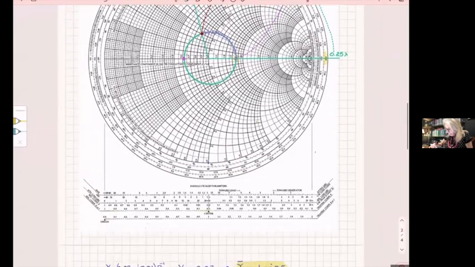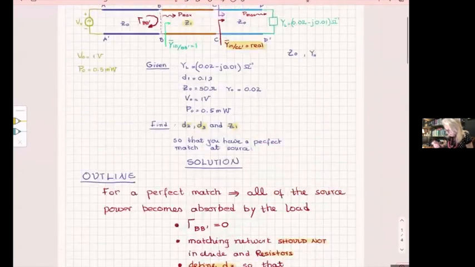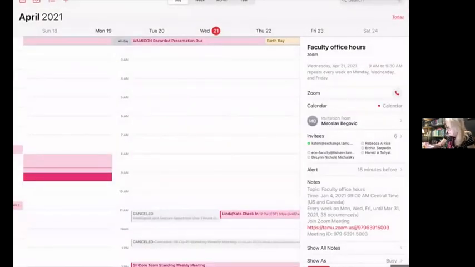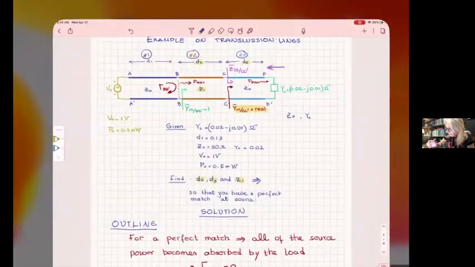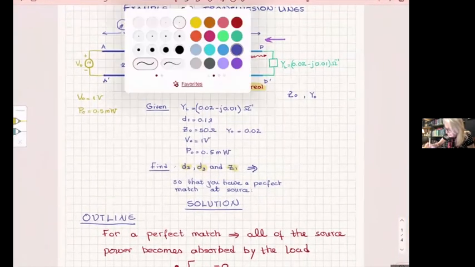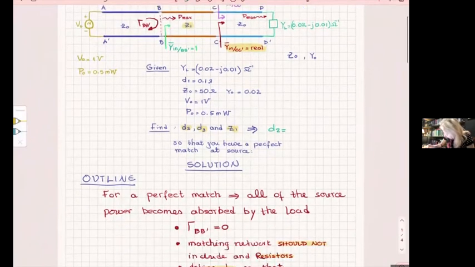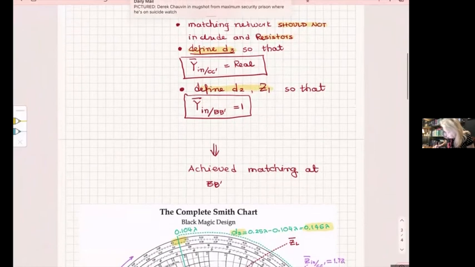And so let me write here what I have found. After the solution, I found the following. D3 is 0.146 lambda.